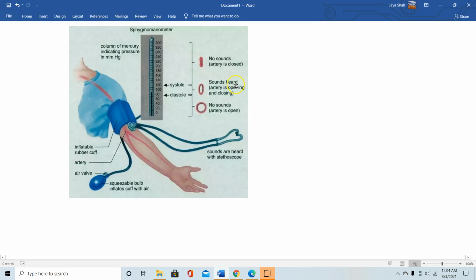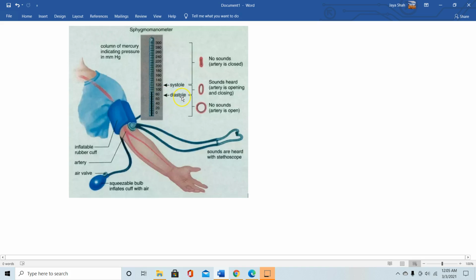Then after a certain time, because blood is now flowing, it is like squeezing through, so there is turbulent flow. But once the artery is completely open, there will be smooth flow and you will stop hearing the blood flow.